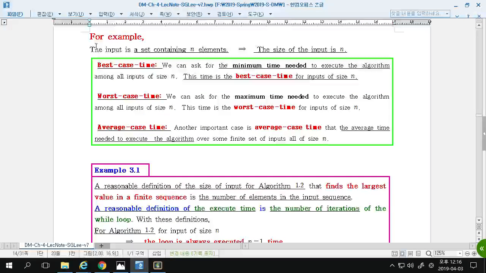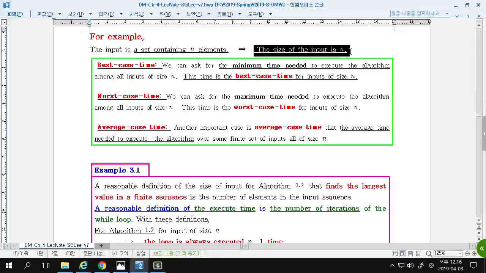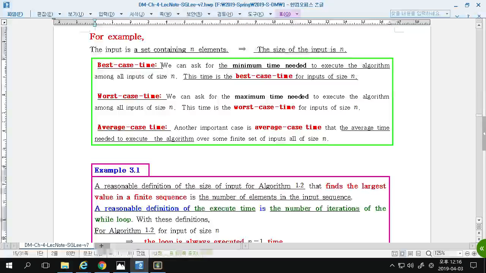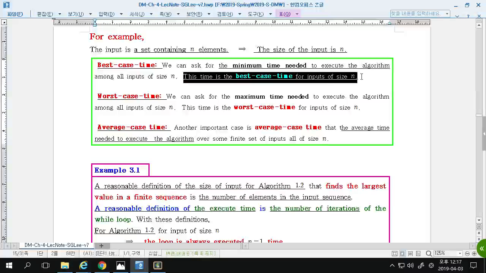So the input is a set containing n elements, and we say the size of the input is n. Best case time: we can ask for the minimum time needed to execute the algorithm among all inputs of size n. Then this time is the best case time for input of size n.